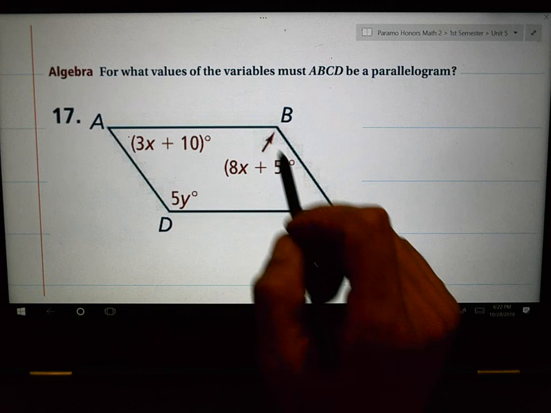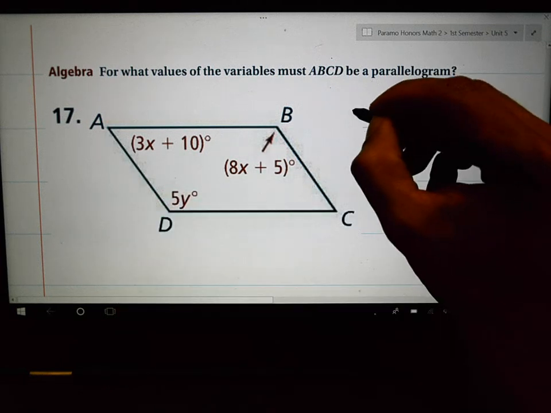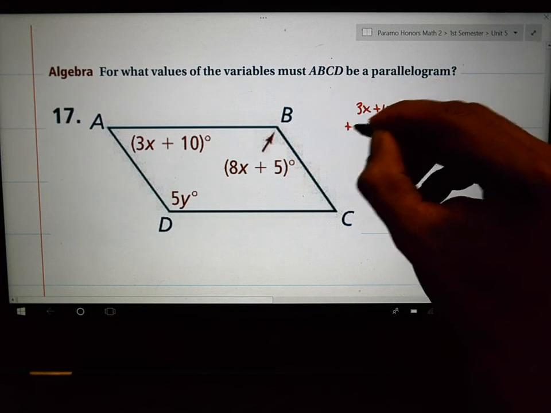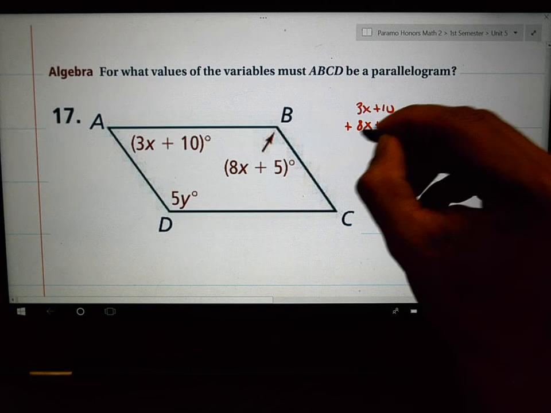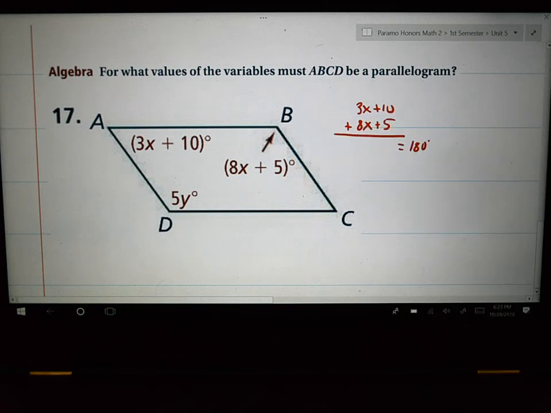They need to be same side interior angles or consecutive interior angles. So I'm going to write an equation. 3x plus 10 plus the 8x plus 5 should sum to equal 180 degrees.